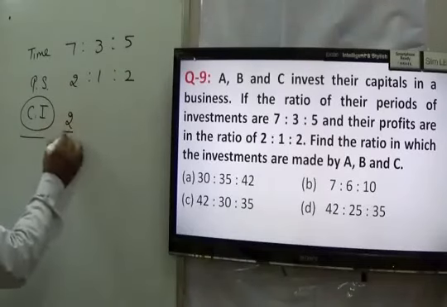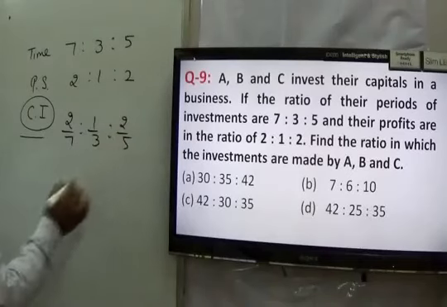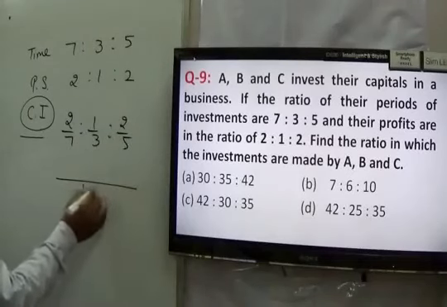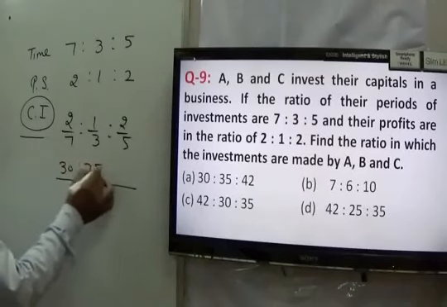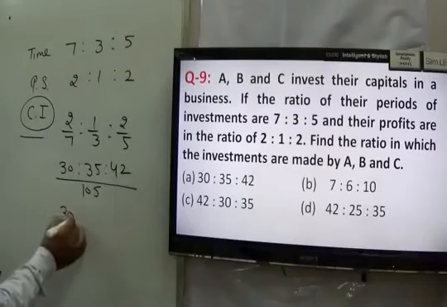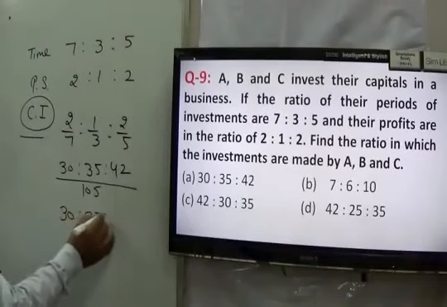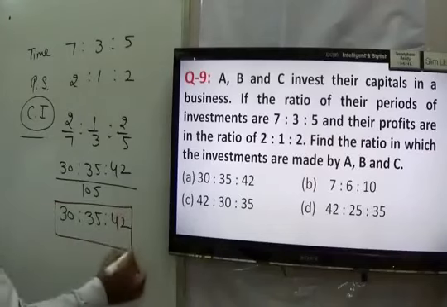It means 2/7 is to 1/3 is to 2/5, right? Here I can say the LCM is 105: 30, 35, 42. So their capital investment ratio is 30:35:42. That becomes your answer. So my answer to this question is A.